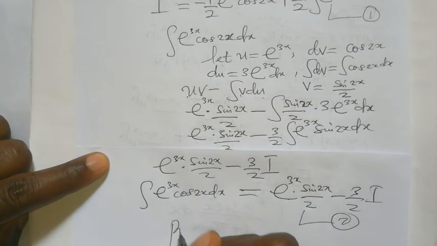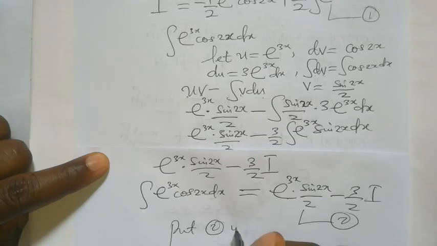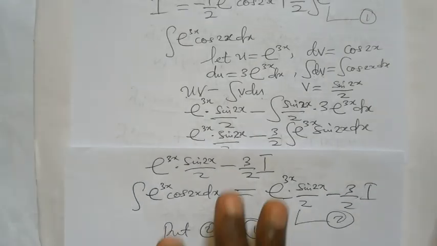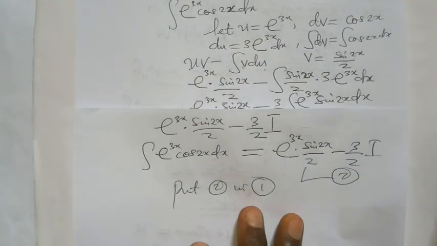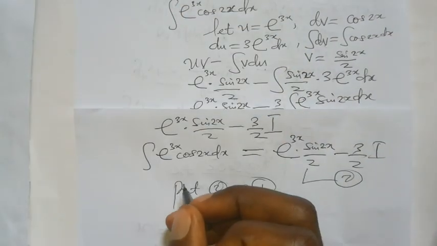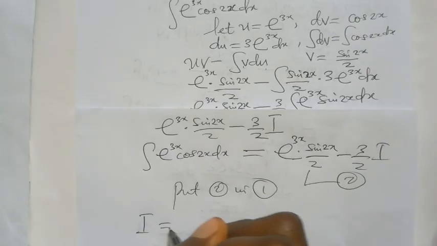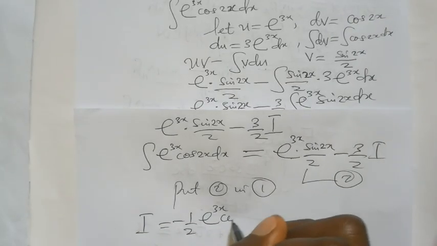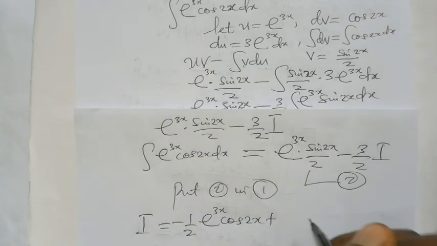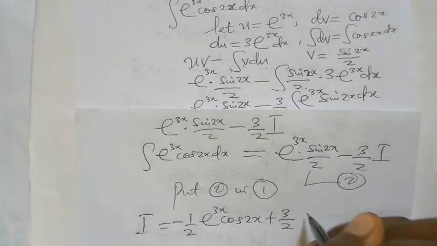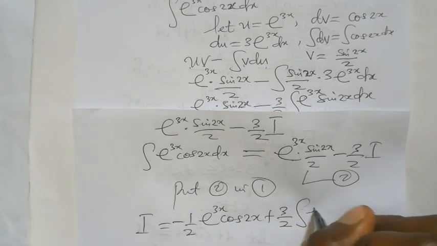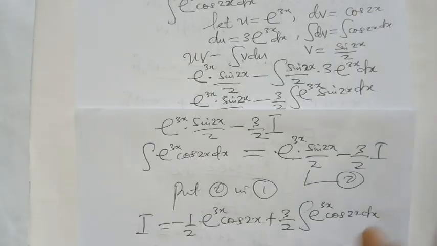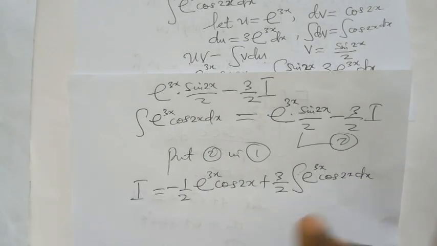So we are going to substitute this, let's call it equation 2. So we are going to put equation 2 in equation 1. So where is our equation 1 now? I'm going to write equation 1, which is I is equal to minus 1 over 2 e to the power of 3x cos 2x plus 3 over 2 integral e to the power of 3x cos 2x dx. You see it? So this is our equation 1.